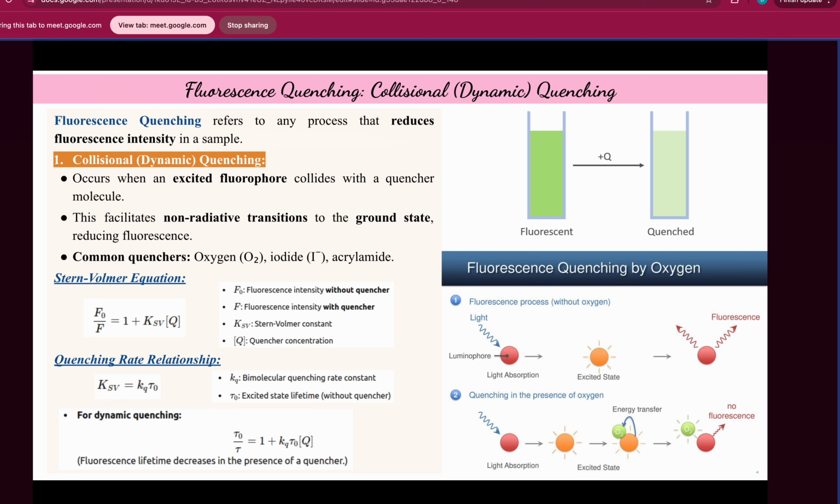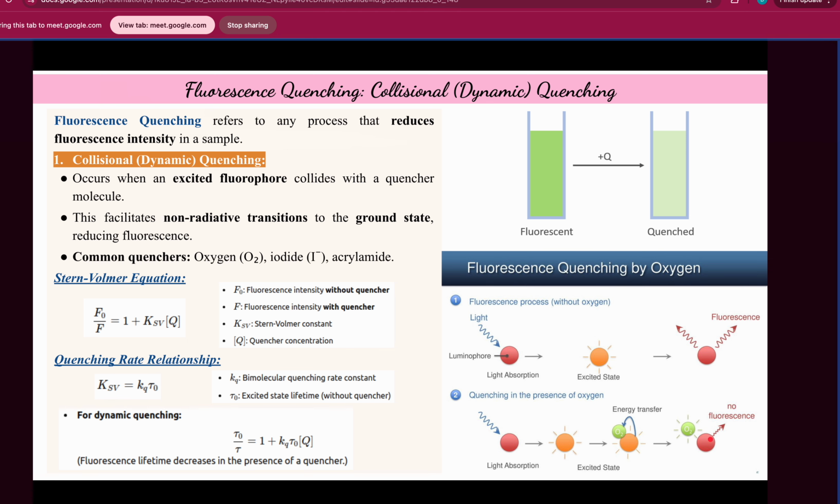But what happens in the presence of a quencher? For example, if I have oxygen, which is a quencher, light is absorbed and my molecule is excited. Now my molecule collides with the quencher. Due to this collision, whatever energy it has gained is transferred and lost in the collision.